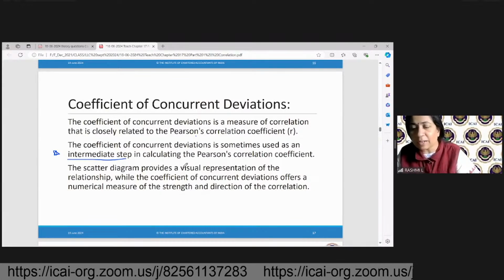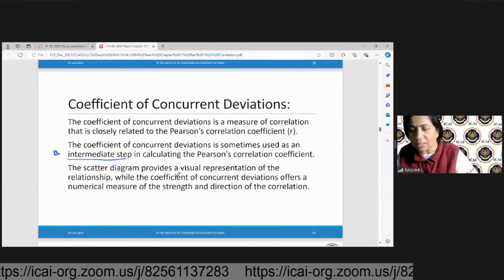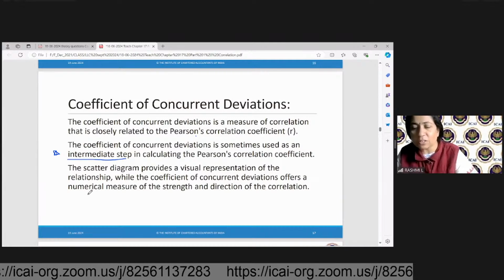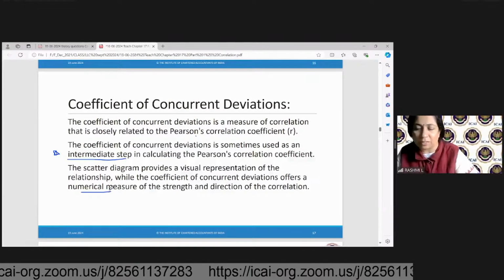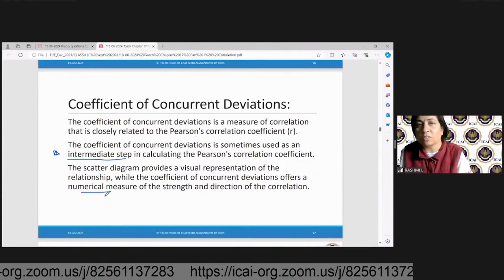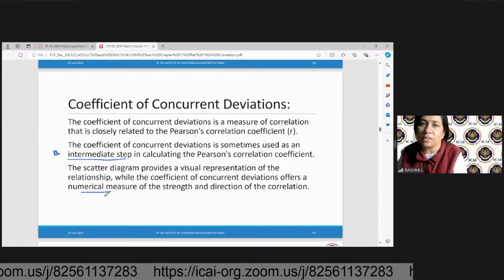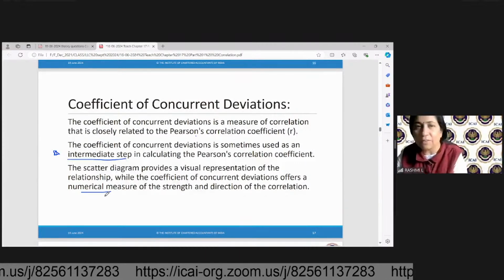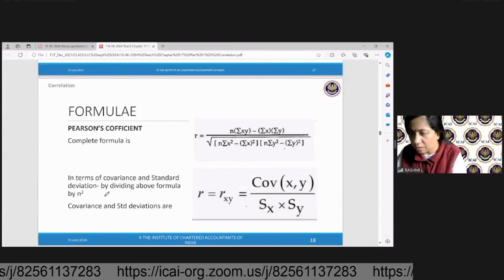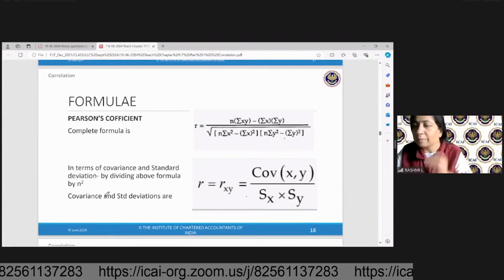The scatter diagram provides a visual representation. The coefficient of concurrent deviation offers a numerical measure. So the scatter diagram gives you a visual impact, and concurrent deviation gives you a numerical value for it. Now these are the formulas.